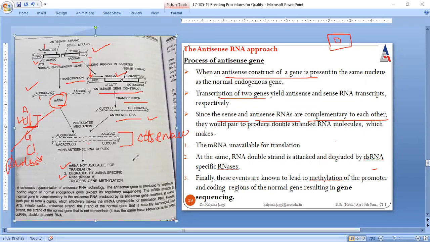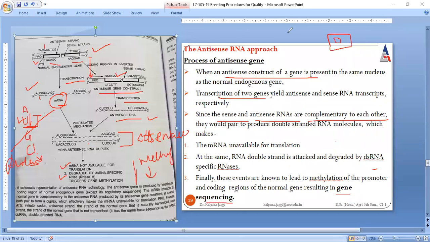Finally, these events are known. When this much of the process takes place, it will lead to methylation, and the coding region of the normal gene will result in gene silencing, right?